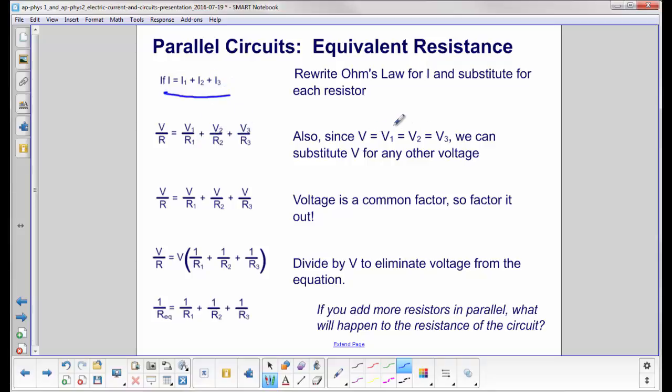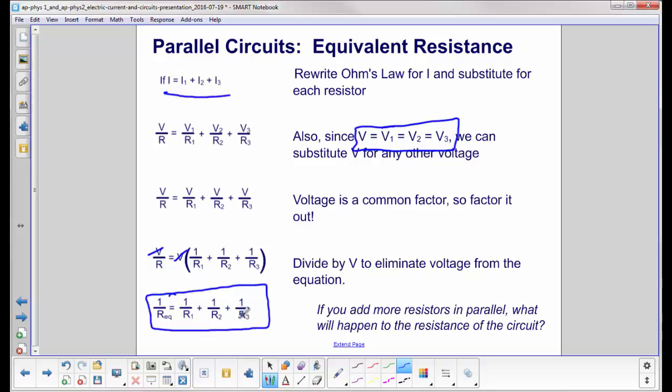On the previous slide, we showed that the voltage out of the battery is the same across every resistor in parallel. So all the voltages are the same. So this V1 becomes V, this V2 becomes V, and this V3 becomes V. We have voltage in every one, so we factor the V first, and then we cancel it, and we get 1 over R equivalent equals 1 over R1 plus 1 over R2 plus 1 over R3.